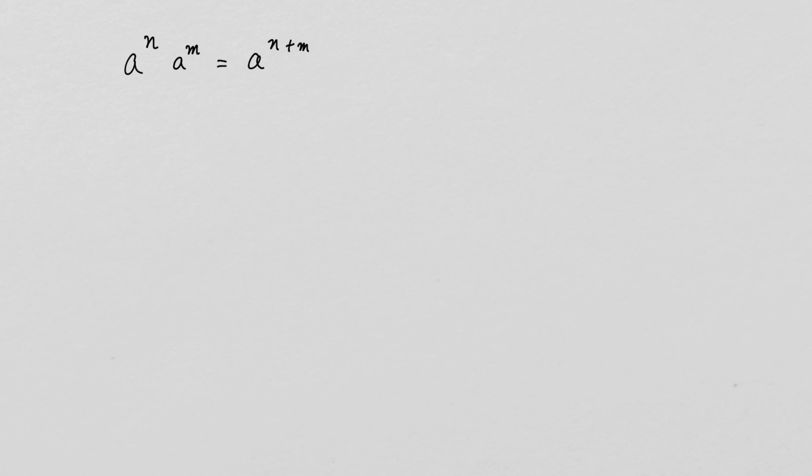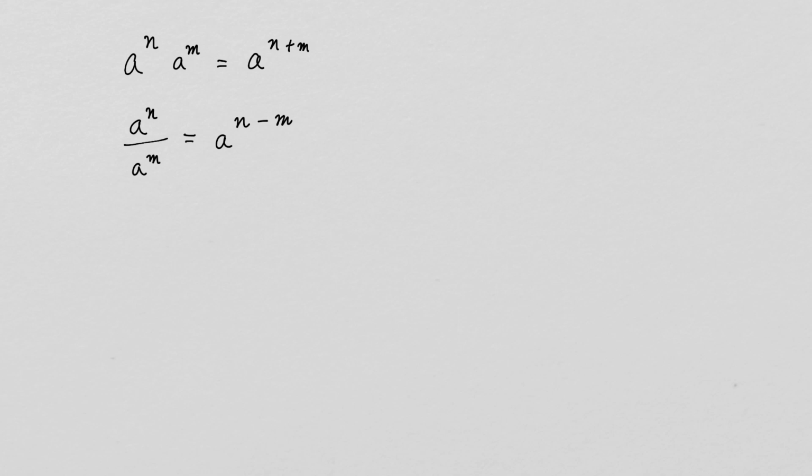In this formula, we can also make an analogy for the fraction. So if we would have a to power n divided by a to power m, we will have a to the power where we take the difference.